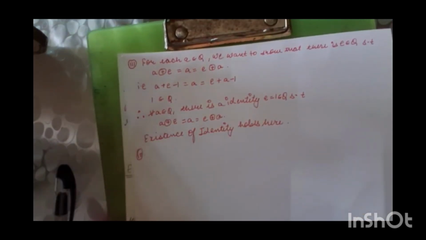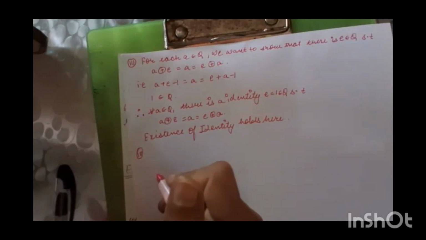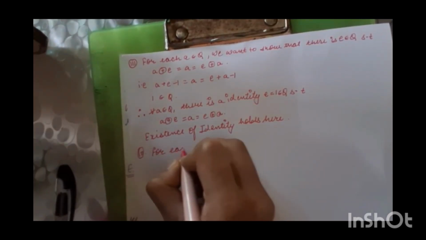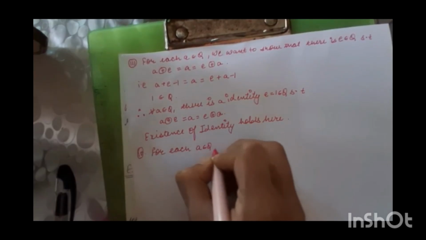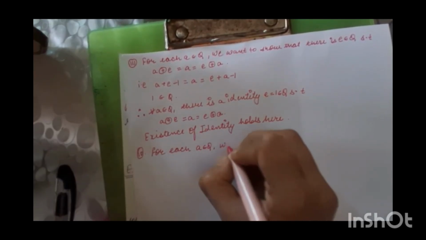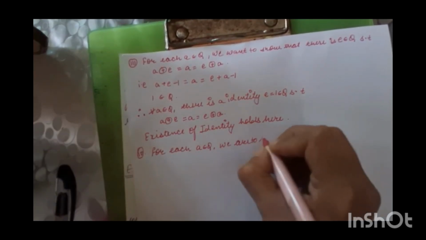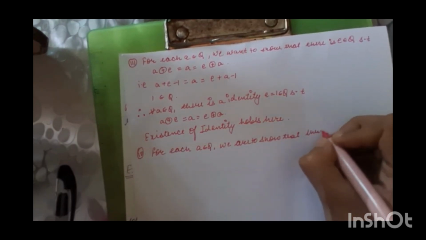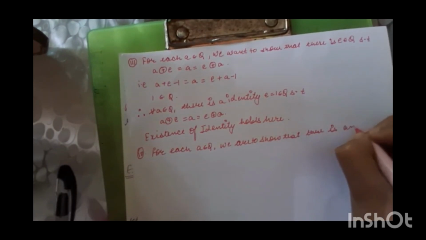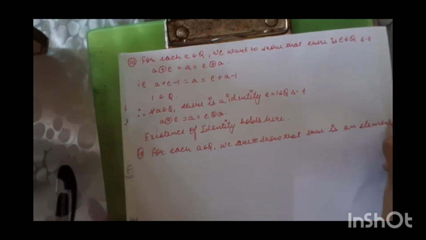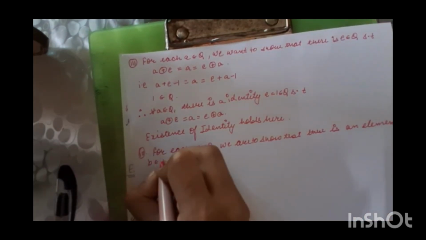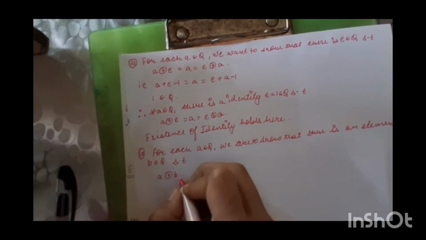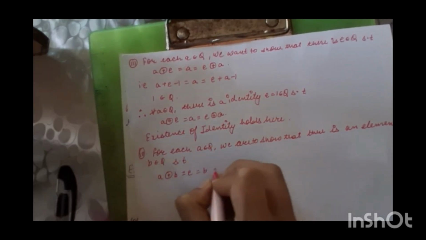The fourth property is the existence of an inverse element. So we'll say that for each A belonging to Q, we are to show that there is an element B that belongs to the rationals, such that if we apply this operation on B, it will give the identity element.